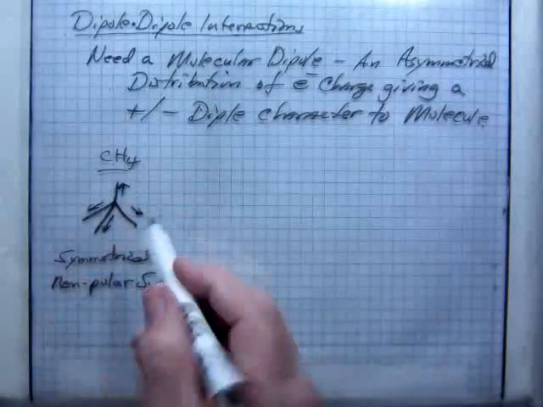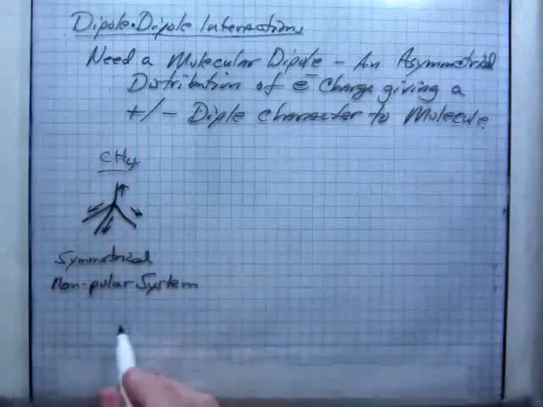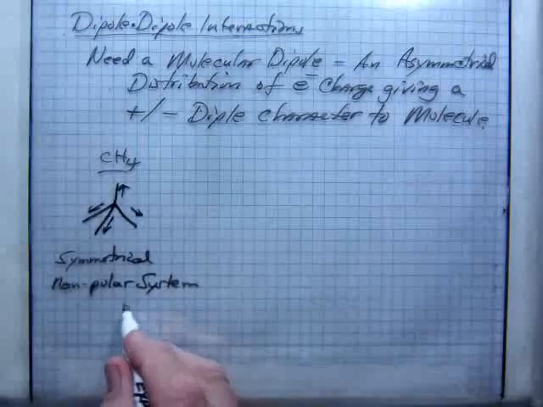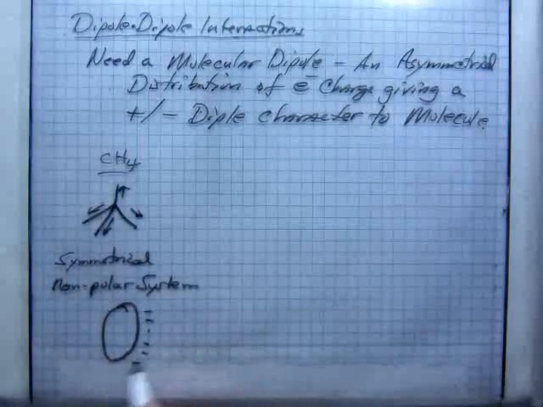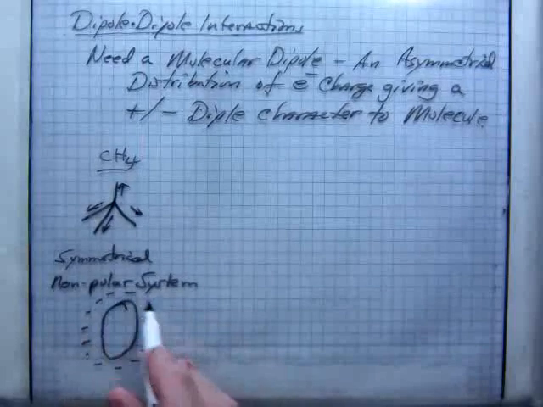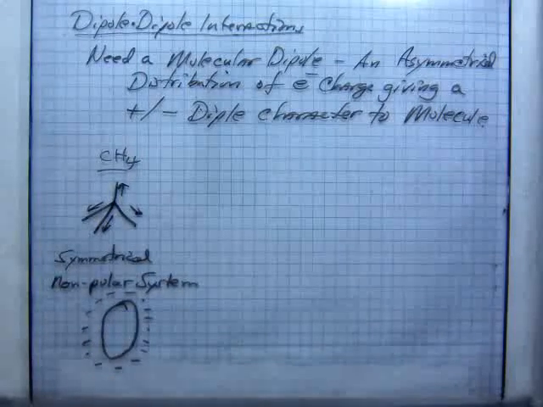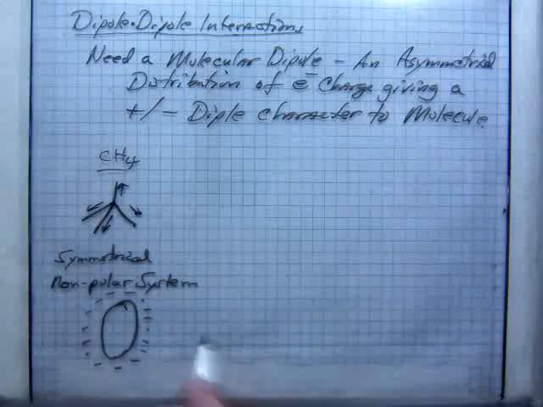Therefore, we can associate this with just looking like a big blob of negative charge floating around, and everybody's the same density.